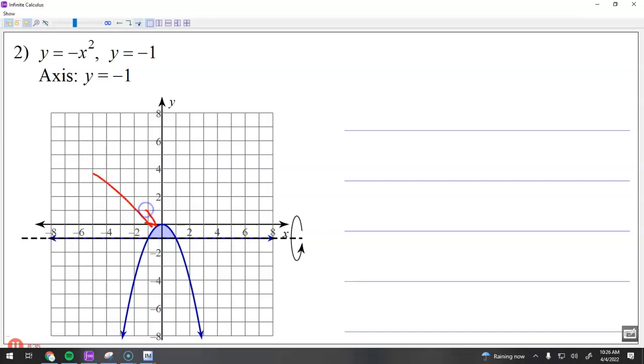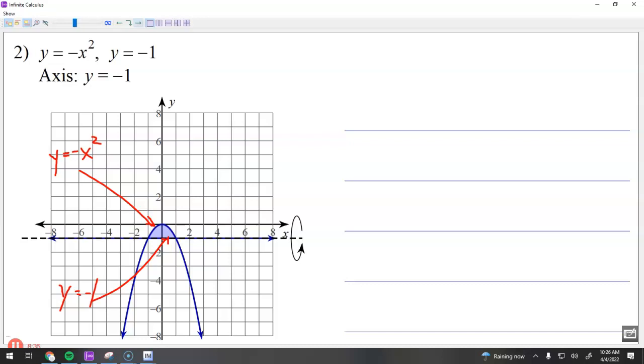Alright. Which one's that? That's negative x squared, right? And then that is y equals negative 1. Well, we're going around y equals negative 1. So what's going to happen to this entire part over here? It'll be 0, right?